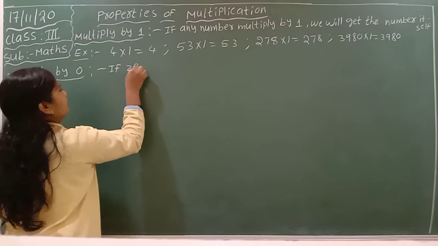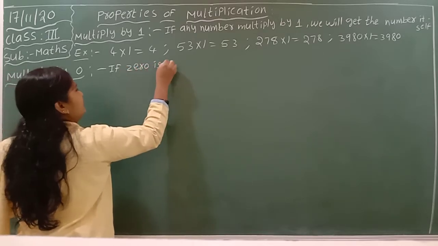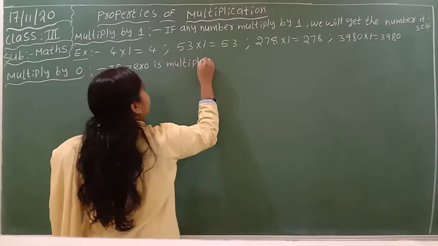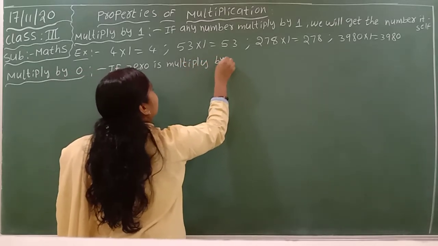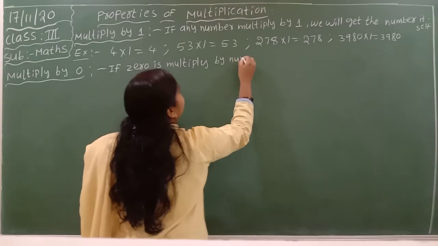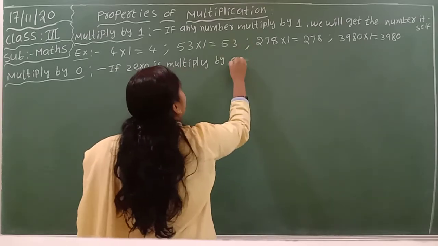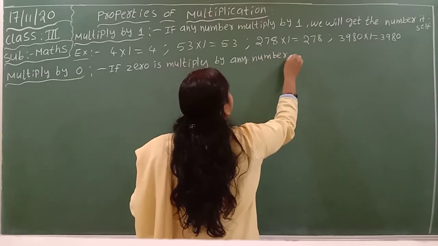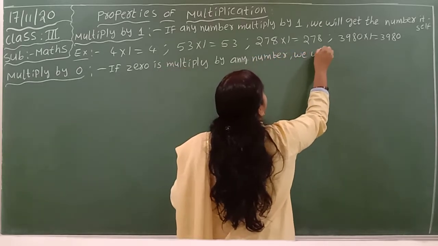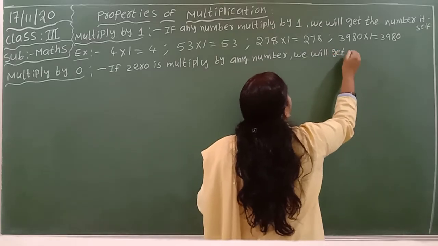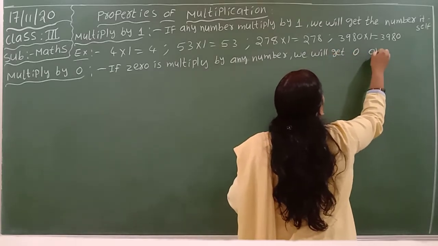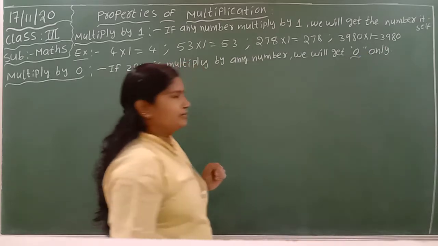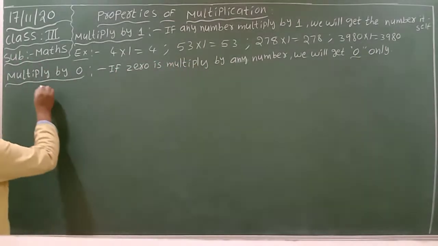If 0 is multiplied by any number, we will get 0 only. Okay children? See here the example.